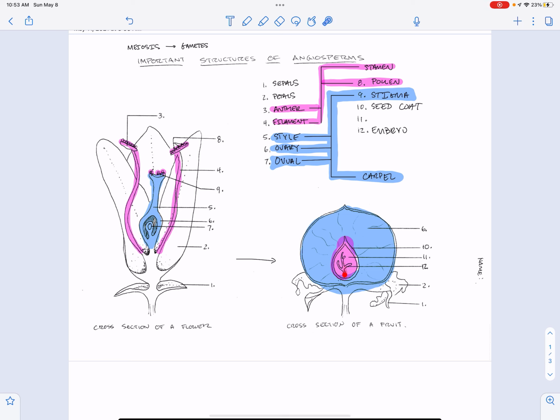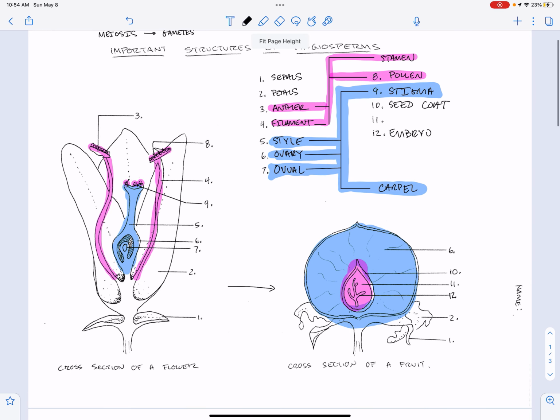And inside of this tiny baby plant, there are already 2 leaves. They're not true leaves, they're called cotyledons that are all wrapped up inside of this structure. And when the seed is germinated, those cotyledons will unfurl and start to do photosynthesis.